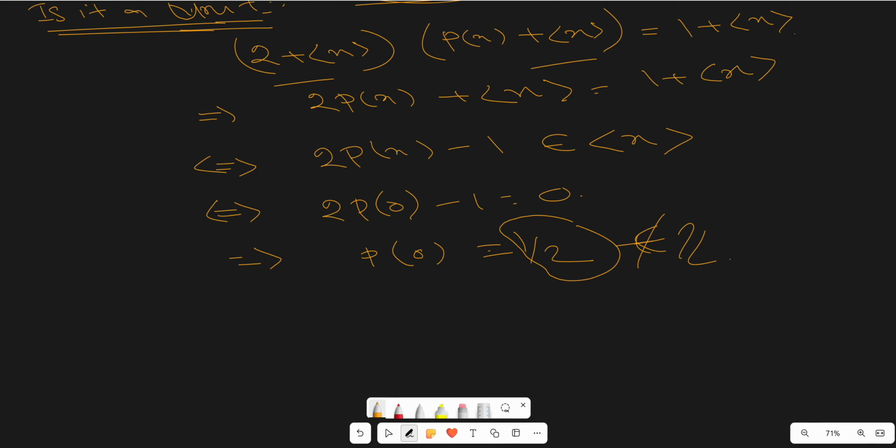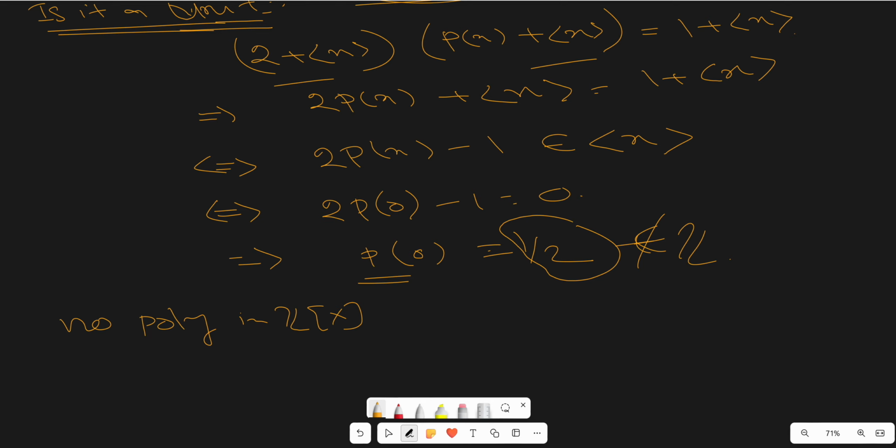So no polynomial in Z[X]. See here, p(0) means the constant term. Every term involving x will be 0, and you will only be left with the constant term.